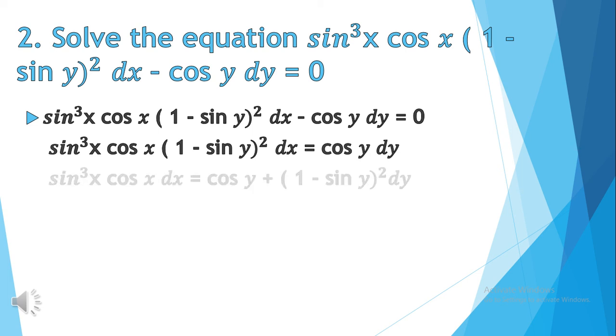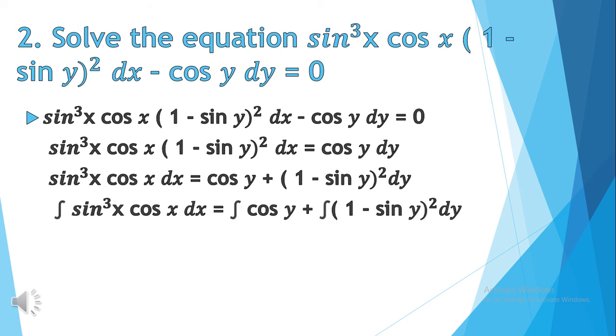It means sin cube x cos x quantity 1 minus sin y squared over 1 minus sin y squared dx equals cos y over 1 minus sin y squared dy. Then do the cancellation. So, sin cube x cos x dx equals cos y over 1 minus sin y squared dy. Then, integrate both sides.